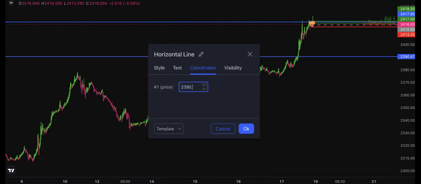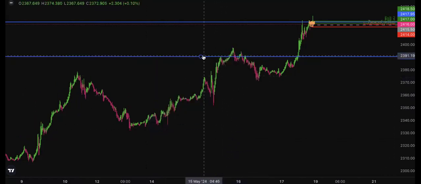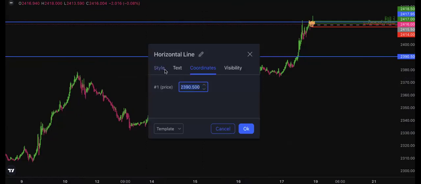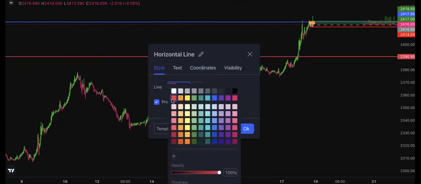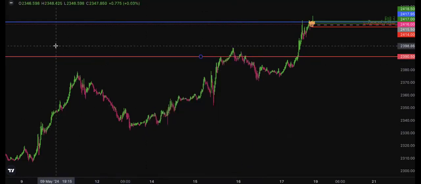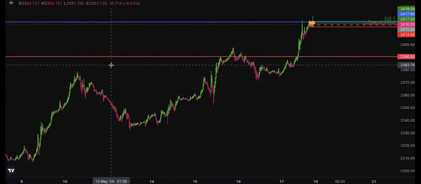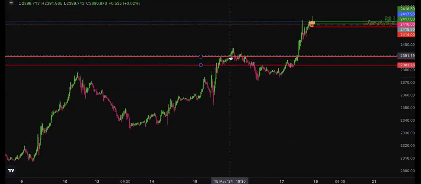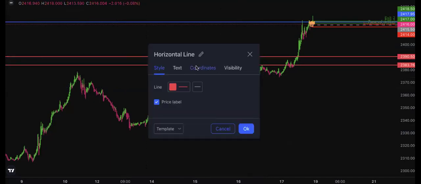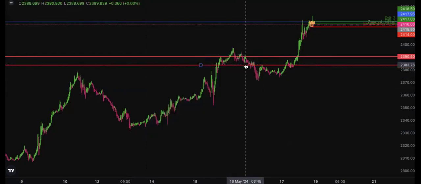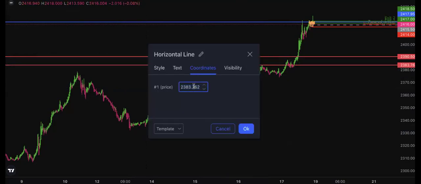So I'm looking at 2390.5, and I typically make my sell zones red. Only 1 point for beginners. If you're a more experienced trader, you know what you've been successful with. That one was at 23.95, so I'm going to go down 1 point to 23.89.5.